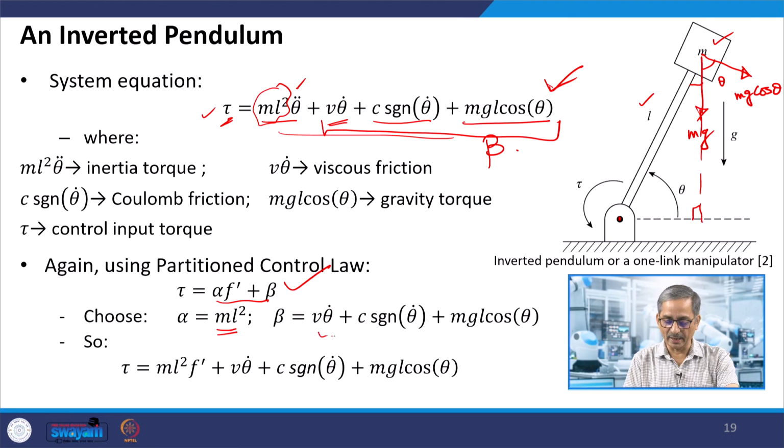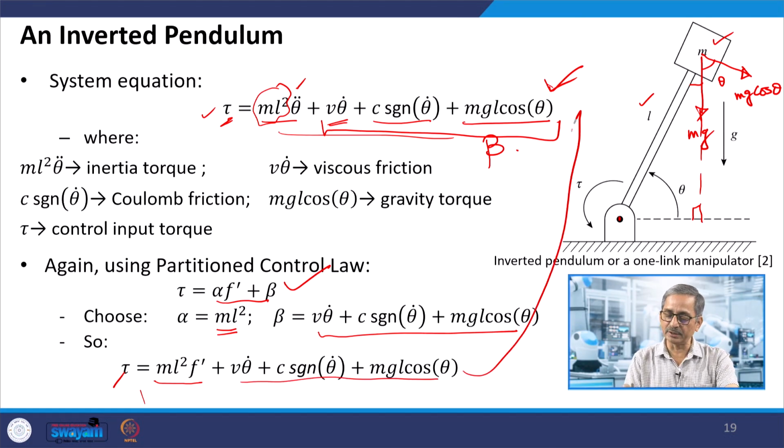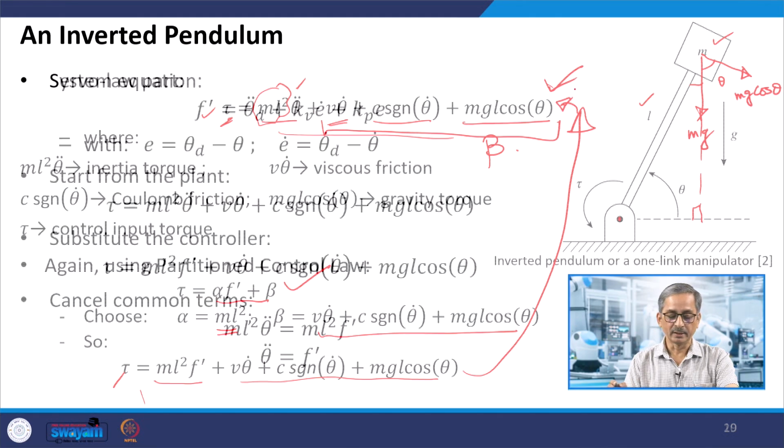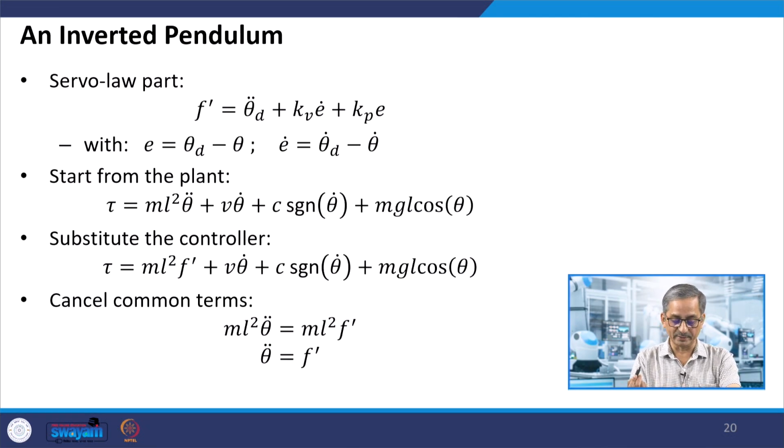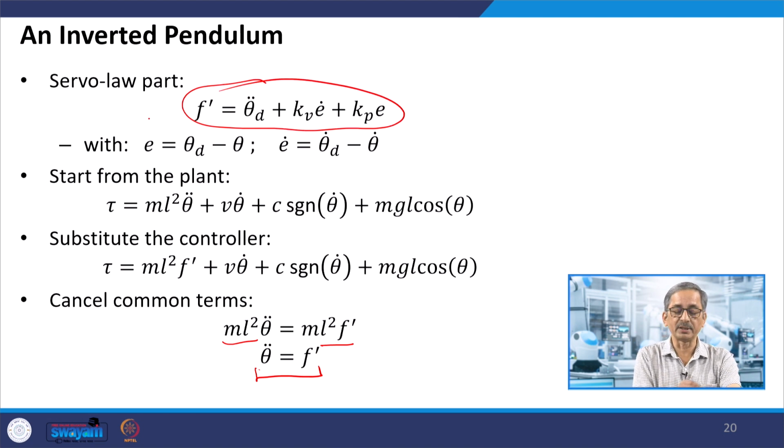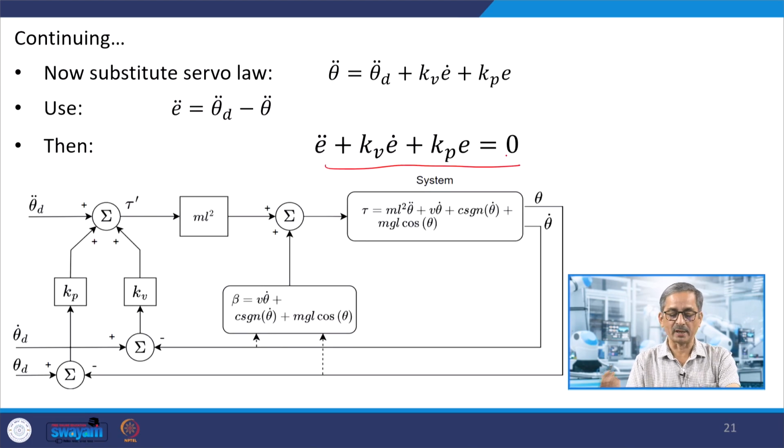Now if I write the model based law, it will be tau equals ml square f dash plus beta, and when I substitute this in the equation, this is what I get. We have theta double dot as f dash, and f dash I can substitute with the same servo law, and with that we get this equation.